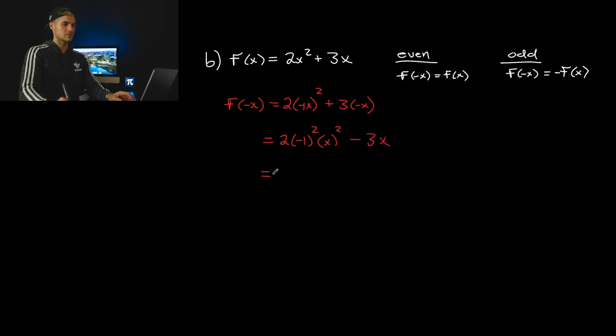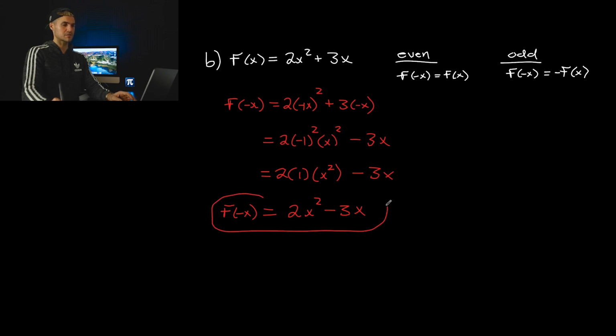So negative 1 squared is plus 1, x squared minus 3x, and then 2 times 1 times x squared is just 2x squared minus 3x. So this here, f of negative x, is the simplified expression.